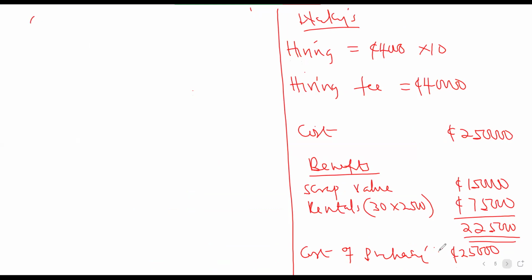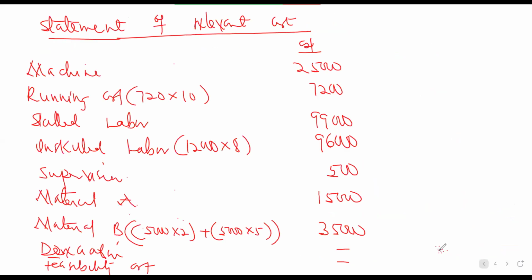So overhead cost will be dashed, because absorbed overheads are not a relevant cost. We don't do profit on that. Profit is not a cost on its own, so it's not part of the relevant cost.